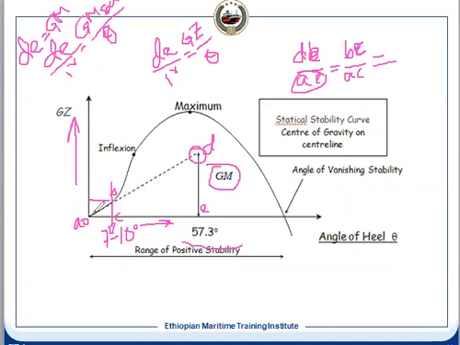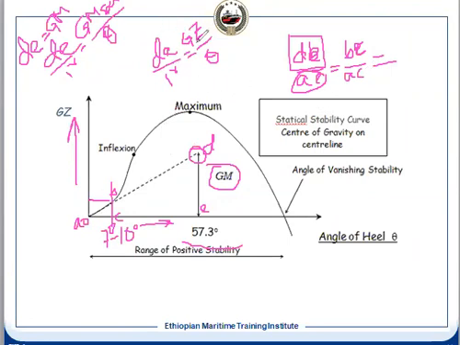I took the similar triangles, and we have replaced DE. We need to find out why DE is GM. So DE divided by 1 radian equals BC, which is GZ, divided by AC, which is theta.